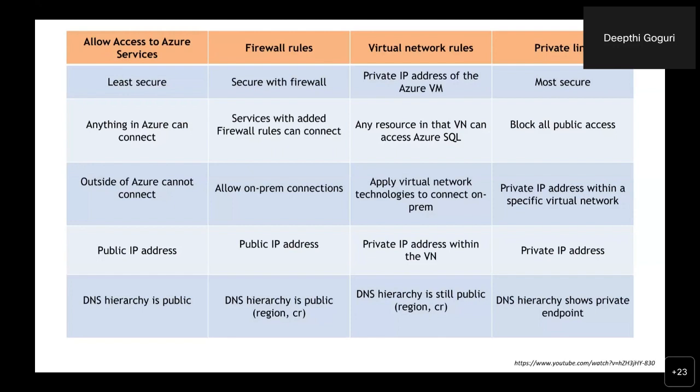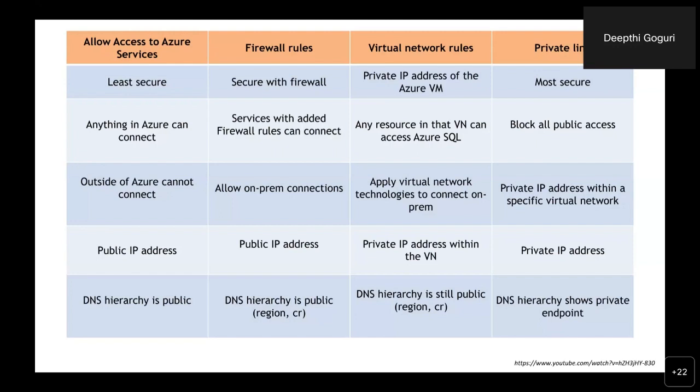That is not possible with the first option that we talked about. And here still it is using internet, so it has a public IP address. And when you do the NS lookup, the control ring information, the region information where your database is hosted, everything is visible. It's still not secure.